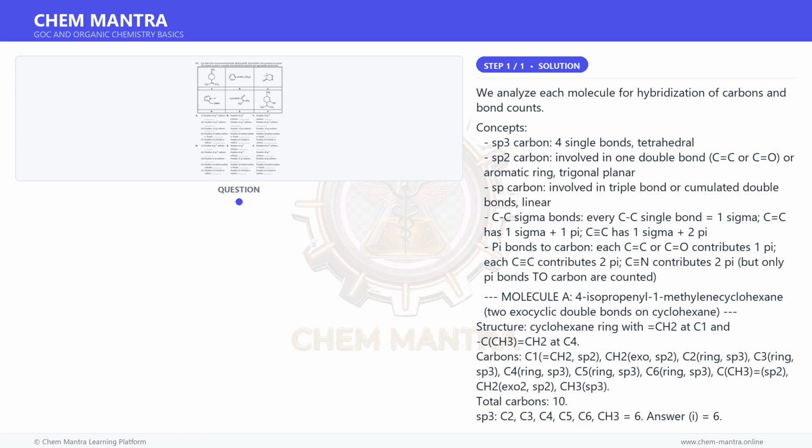Answer: 4 = 10. Pi bonds to carbon: 0. Answer: V = 0. All answers match the given solution. Therefore, the correct answer is A.